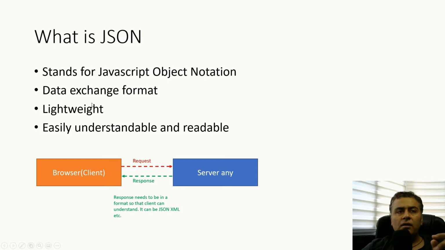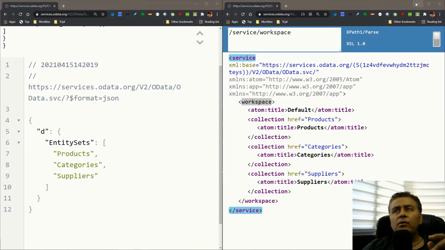So we understand this is JSON, a way to format the data so that my client can understand. Let's now have a look at two examples so that you understand it in a detailed way. On the left hand side, what you see is the JSON format. Let's not think about these curly braces and square brackets, don't worry, we'll cover them. I can just read through it: it has an entity set, some products, categories, and supplier.